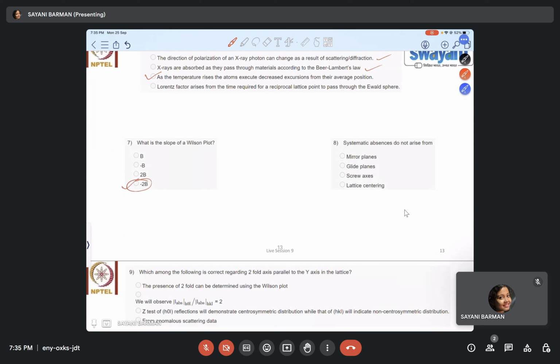I hope you know how it looks. Let's say this is the main plot, and here we have extrapolated. Here the slope is minus 2B. On the x-axis it is sin square theta by lambda square, and on the y-axis, let's write it y. I'll just do the equation here.